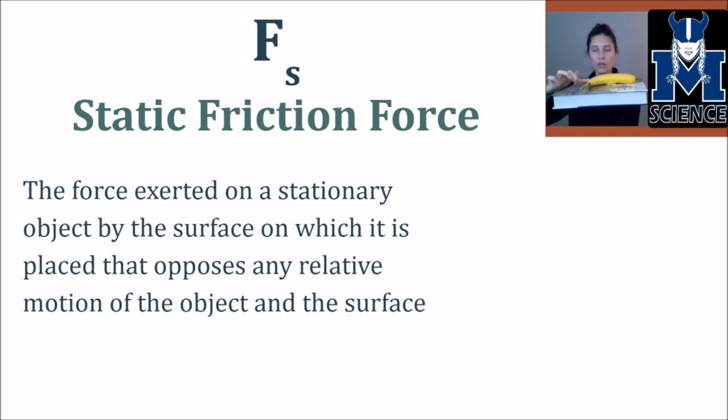I can push on this banana and it doesn't move unless I put a pretty big force on it. Well, not a huge force, but it doesn't start moving as soon as I apply any sort of force. There's a point where I get to a force where it will start to move. So when I'm pushing on this banana, the static friction is opposing the movement of the banana.